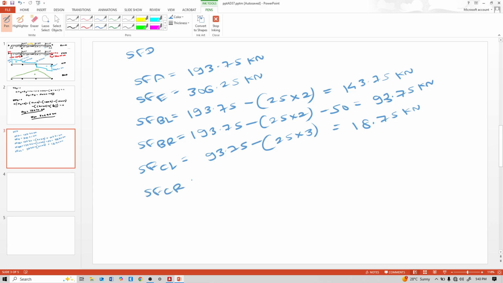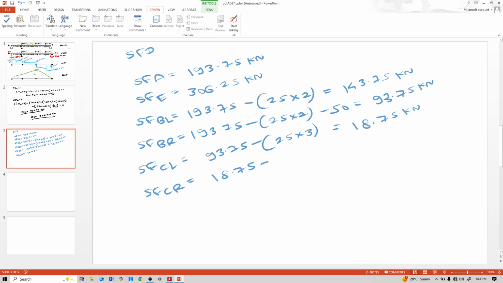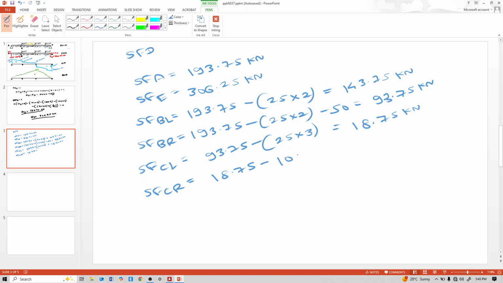Shear force at C towards right is 18.75 kilonewton minus 100 kilonewton, which is minus 81.25 kilonewton.